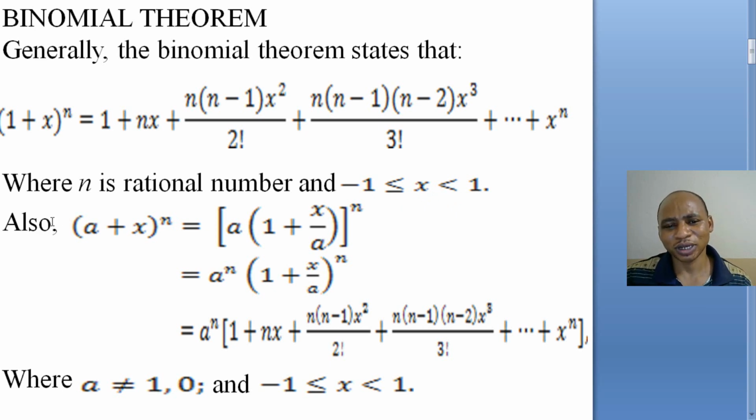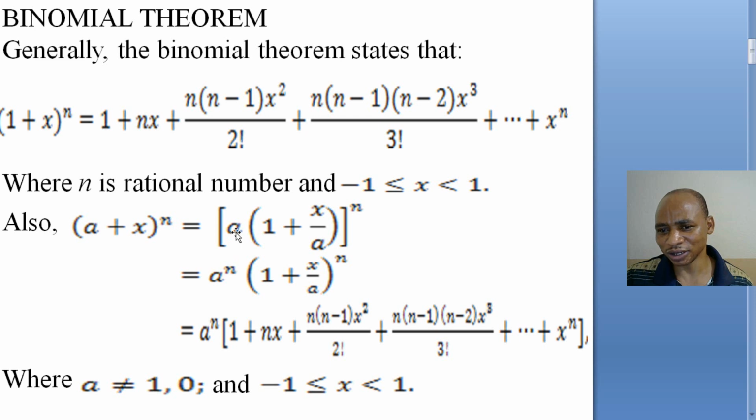Also, let's say the constant term 1 is not 1 but is a different number as shown here, a. How do we express this in the binomial theorem? Just like what you did under the method of completing the square, don't forget you always try to make the coefficient 1.